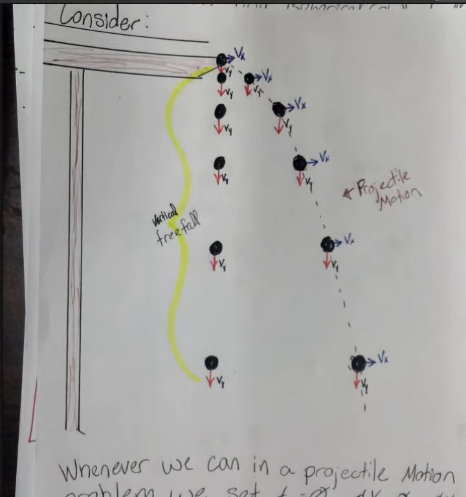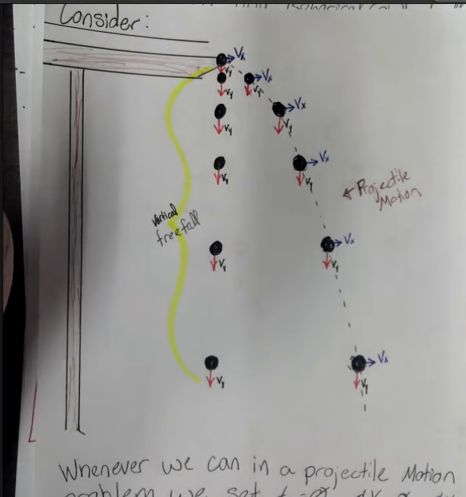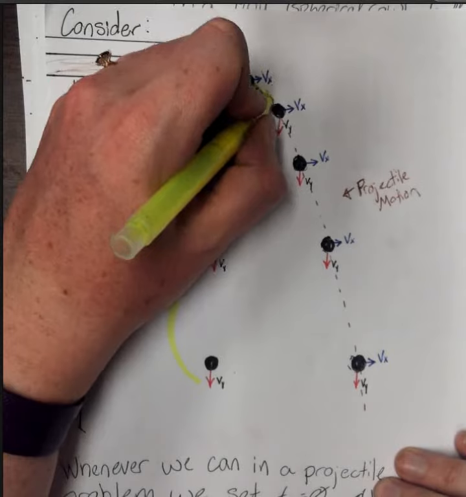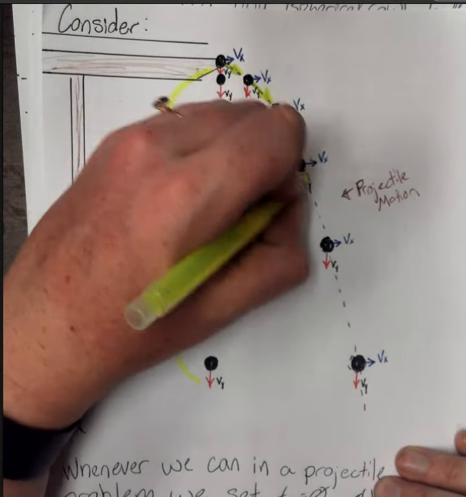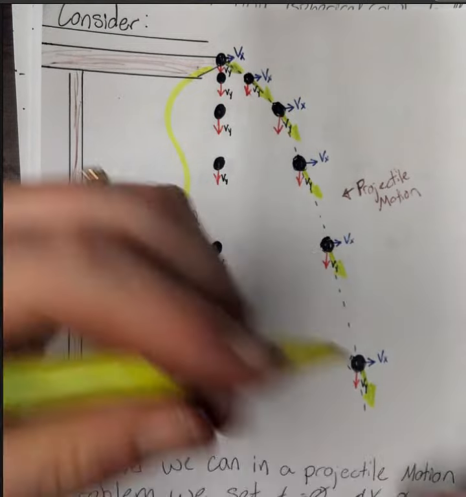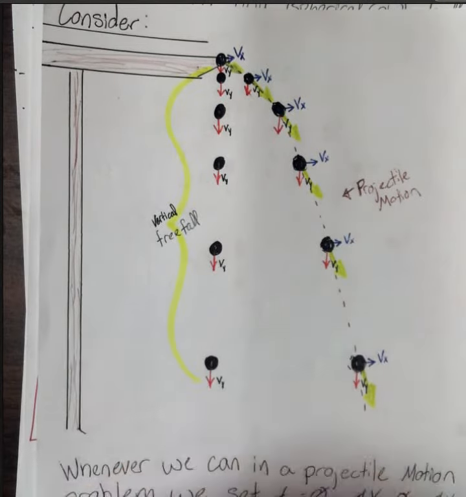The only difference is that this ball also has some x velocity, and because it has some x velocity, its overall velocity is going to be a resultant vector, the addition of the Vx and the Vy together, and that's what actually causes that projectile pathway.